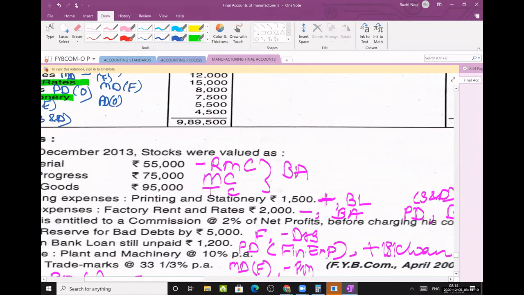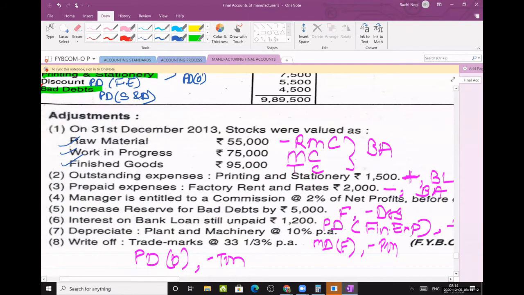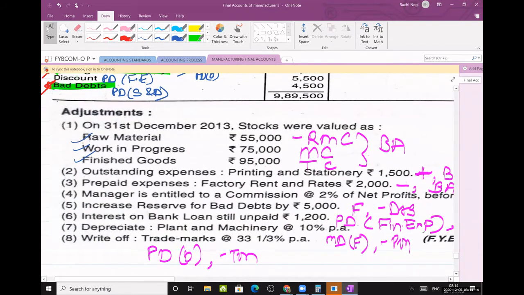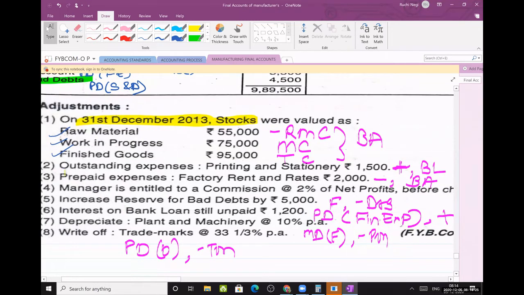So this is the adjustment. This is my closing stock. Then outstanding expenses: two effects, it will be added, and balance sheet liability. Then prepaid expense, factory rent, less, and second effect balance sheet asset.